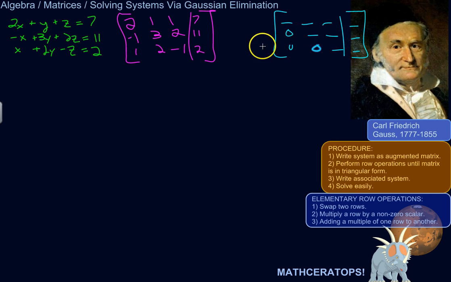So basically, in other words, I think of it as we'll turn off the x and we'll turn off the y, and we'll just be left with a z. So we'll be able to solve for z. And we'll turn off the x, but we'll have y and z. We'll use z to solve for y, and then we'll use y and z to solve for x up here. Hence, it'll unravel. So we're going for this triangular matrix. It looks like a triangle.